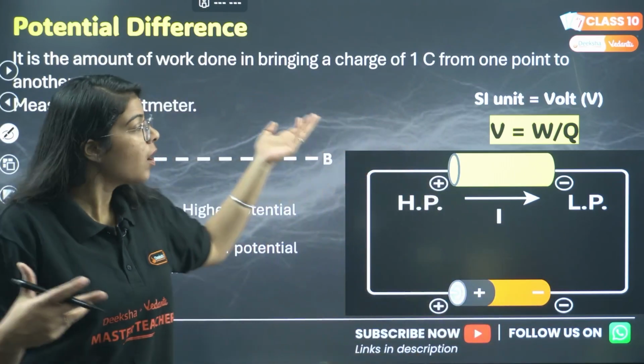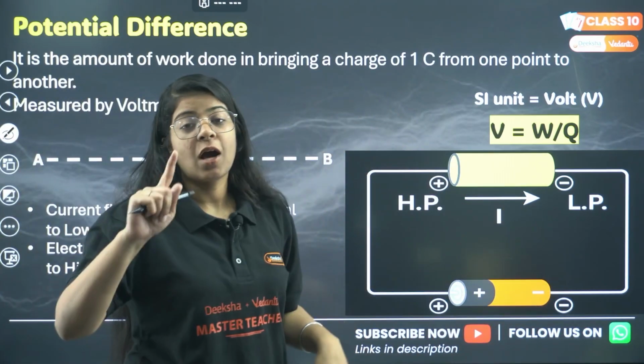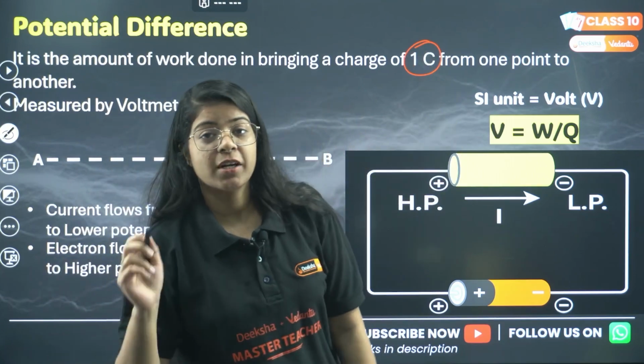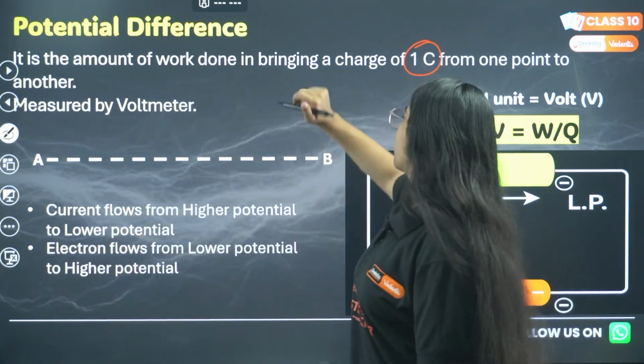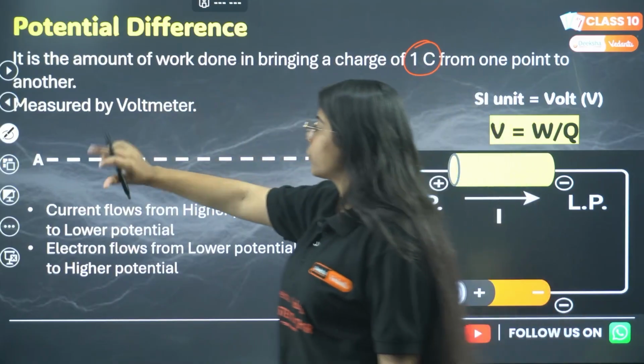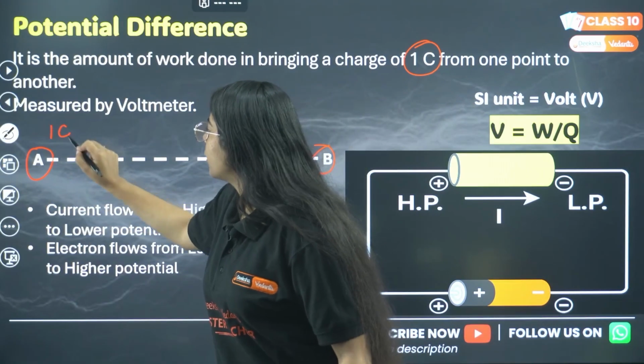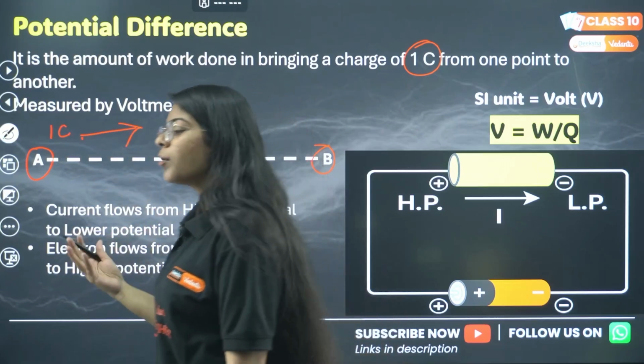The amount of work done in bringing a charge of 1 coulomb from one point to another is called potential difference.